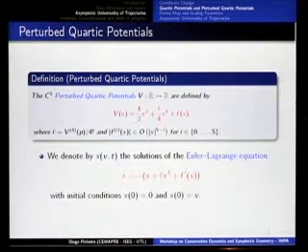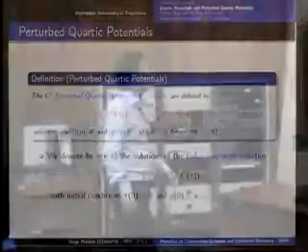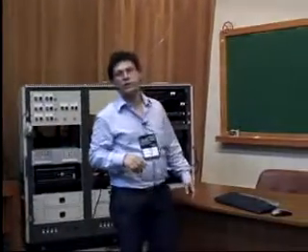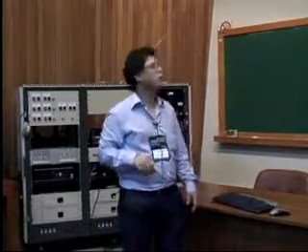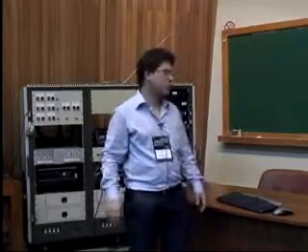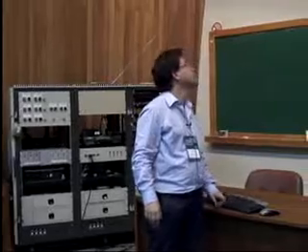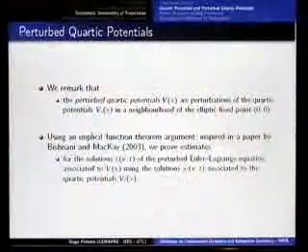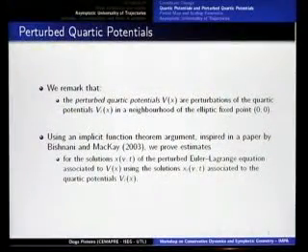Now we can look at the perturbed quartic potentials. It's just the quartic potentials plus some higher order term. We denote by x of v, t, without the L, the solutions to the Euler-Lagrange equations defined by these perturbed quartic potentials. These are perturbations of these two potentials only on a neighborhood of the equilibrium point.